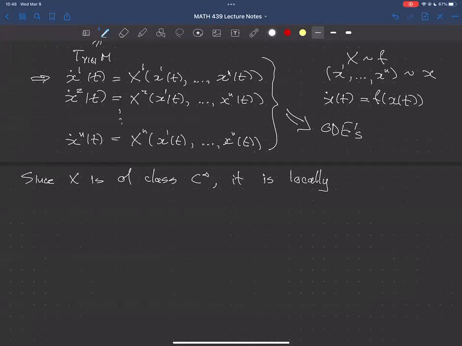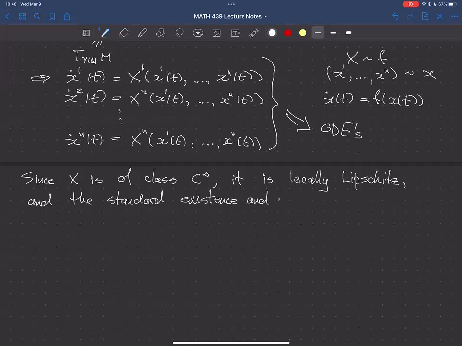If you don't know what that means, it's fine. And the standard existence and uniqueness theorem, which I think Mansouri covers in 430, gives the following.